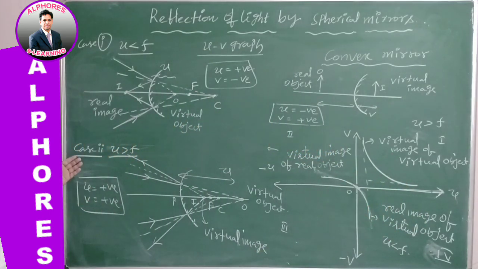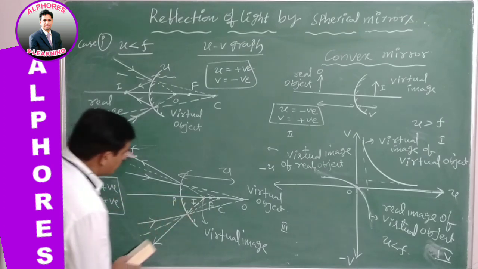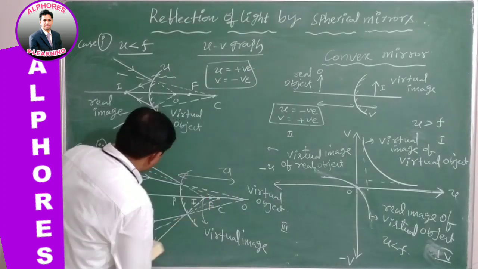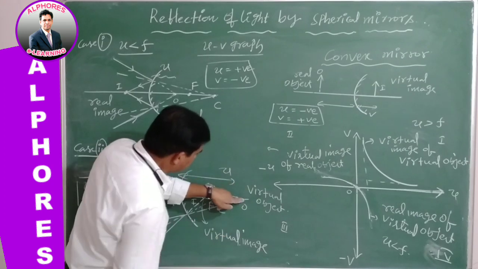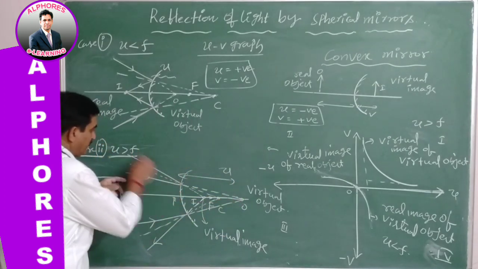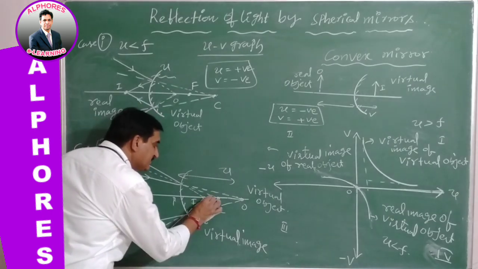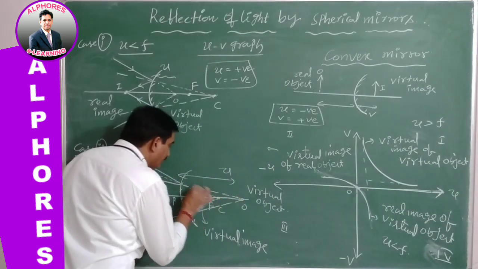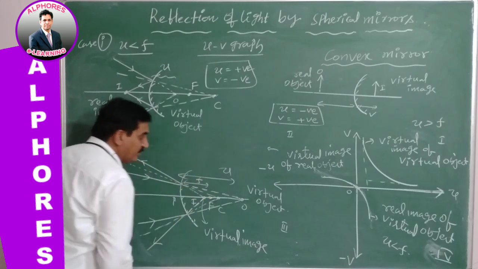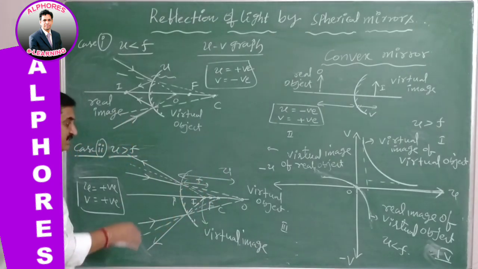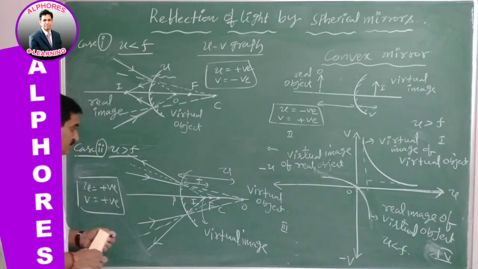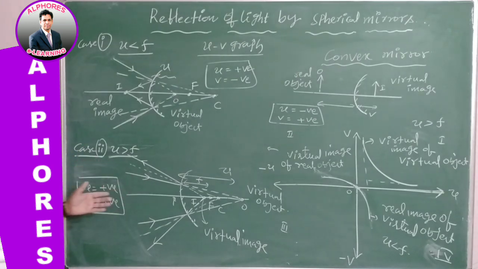This extends in the 4th quadrant, that is its name given. And the remaining case, case 2. Finally, what is this giving? Virtual object. Light rays converge to a point. This is a virtual object, and after reflection it is also giving the image over here. But the focus point is here, u is greater than the focal length f. Under this situation, a virtual image is obtained for a virtual object.